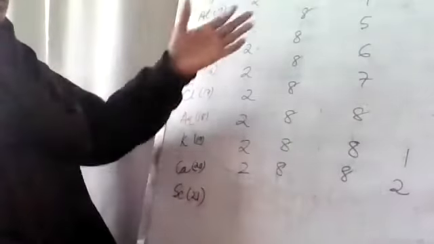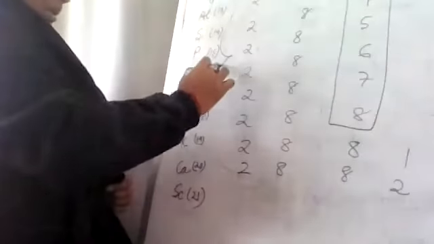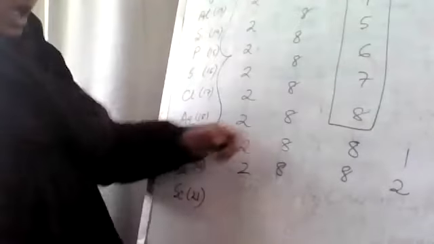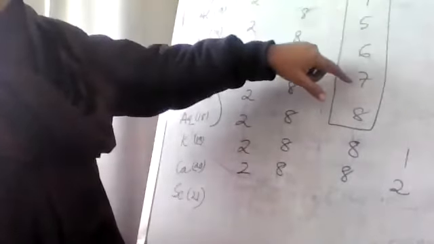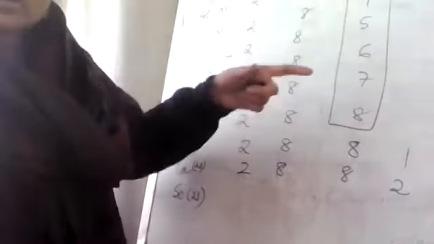So whatever is the number of electron present in the last shell, this is the last shell for these elements, for these elements up to argon. So whatever is the number of electron present in the last shell, that is its valence electron.